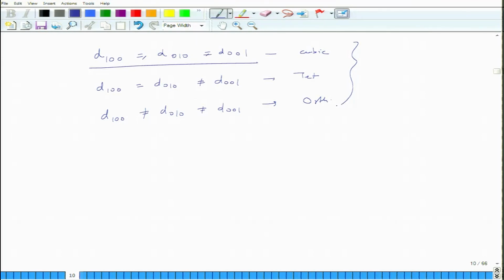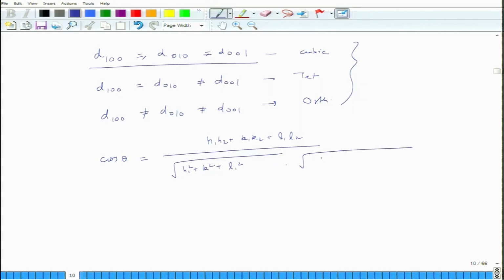Similarly, for angles, in case of the cubic system, we saw cos theta was H1 H2 plus K1 K2 plus L1 L2 divided by square root of H1 square plus K1 square plus L1 square, into square root of H2 square plus K2 square plus L2 square. This is again only for the cubic system. It will be different for tetragonal and orthorhombic systems.